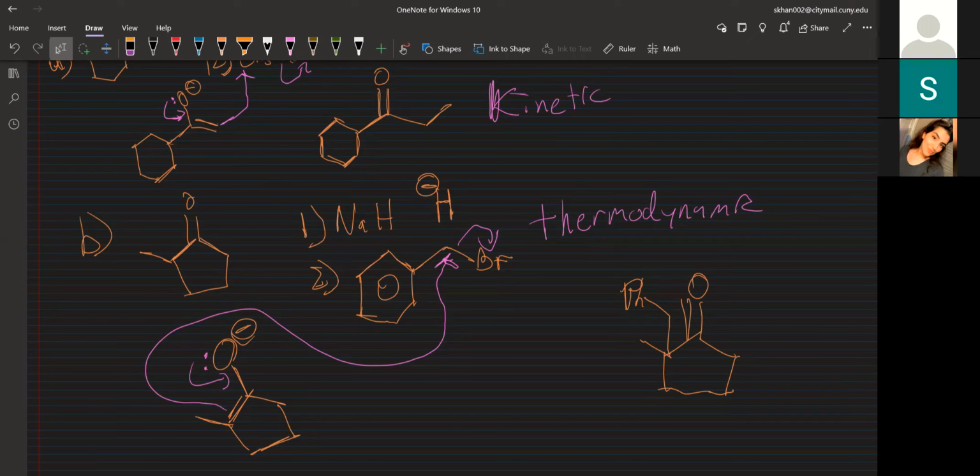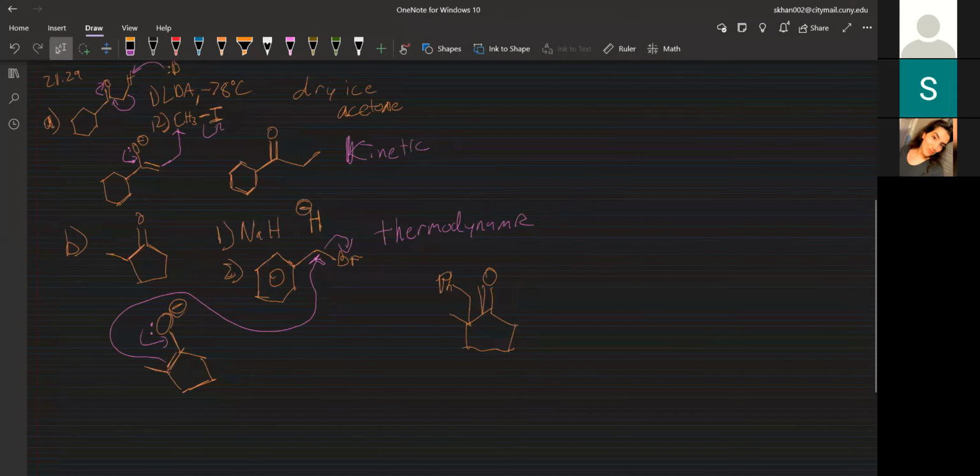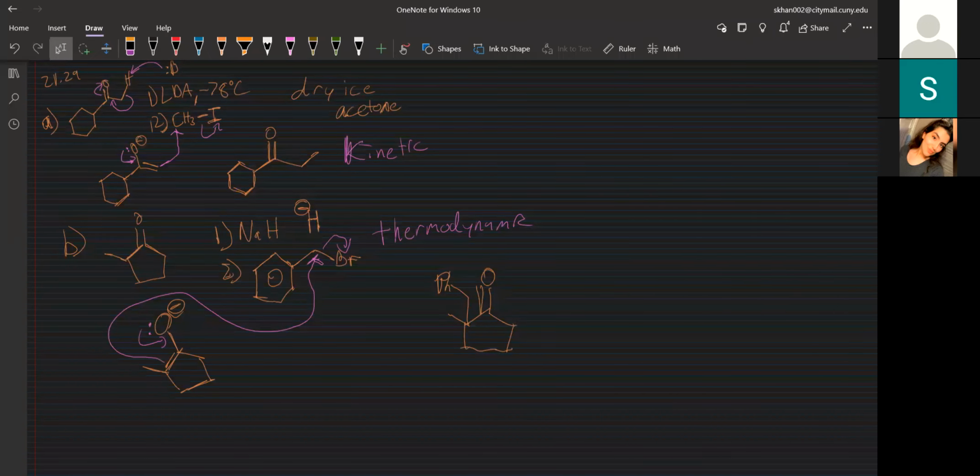This is one thing I hope people think about: there will always be side products. Sometimes you can make good conditions to avoid that, but things can always act another way. That's why I always say don't just memorize it, try to think of what it's acting as, because then you can always figure out what a reaction is.